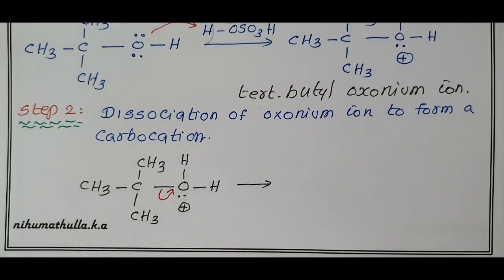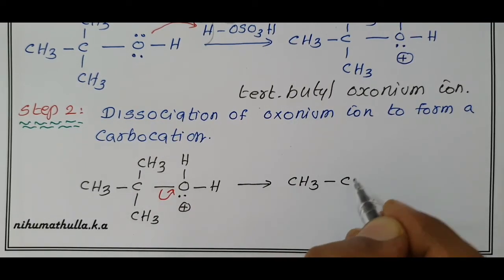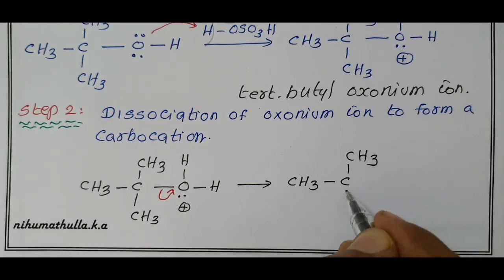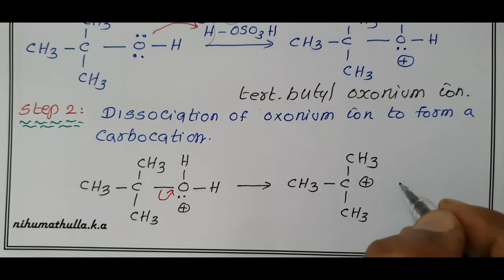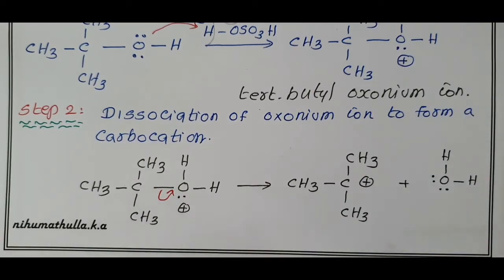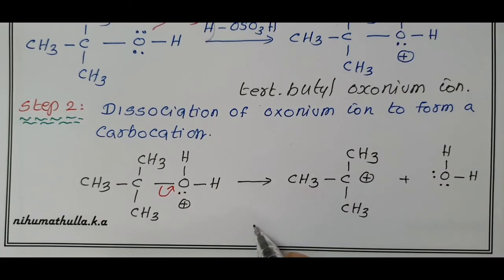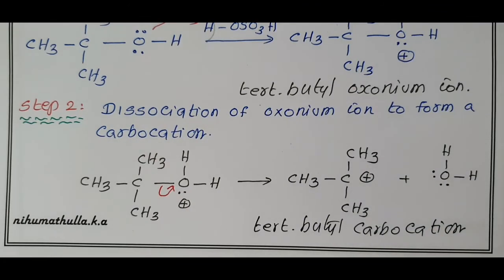In the next step, this central carbon loses its electron. You will get CH3, C, CH3, CH3, with a positive charge on the carbocation, with the loss of a water molecule, oxygen and two hydrogen atoms, taking a pair of electrons from the bond. So this is the tertiary butyl carbocation, which is sp2 hybridized.